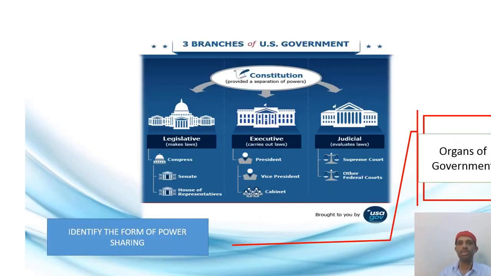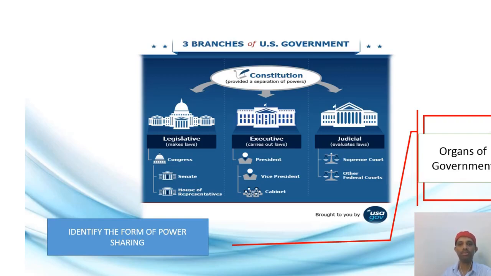Now, coming to the next important aspect, that is how power is shared, or what are the forms of power sharing in most of the democracies of the world. When you look at this picture of America, for example, the American system of government, we have three organs: legislature, executive, judiciary. The legislature makes law, and there are two houses: House of Representatives and Senate.